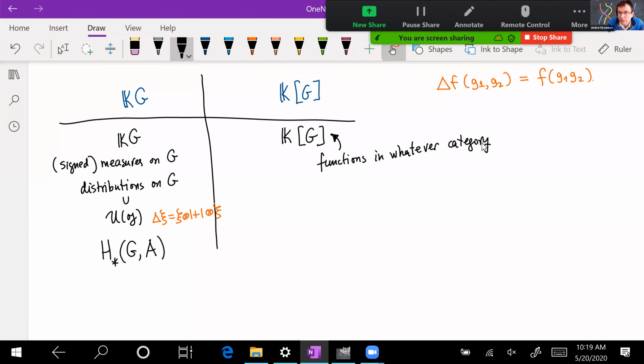If you had a Lie group, you take smooth functions, or continuous functions, whatever. But then the analog of homology is cohomology with arbitrary coefficients in a ring. A has to be a ring, so it needs to multiply. And this is the original case.